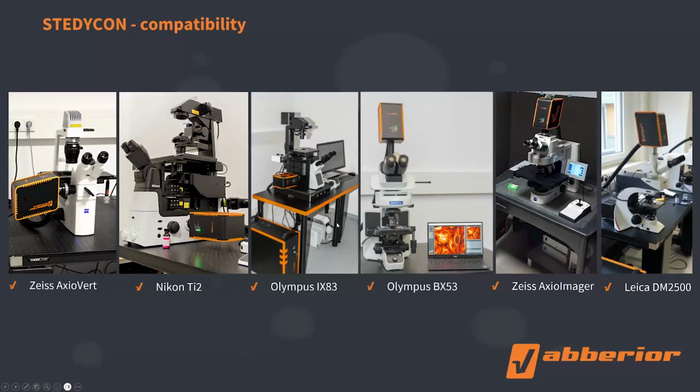So Stedycon is a very friendly system. It can be attached to any brand like Olympus, Nikon, inverted or upright microscopy, to turn that simple microscope into an optical confocal and a 2D 30 to 40 nanometer STED microscope.